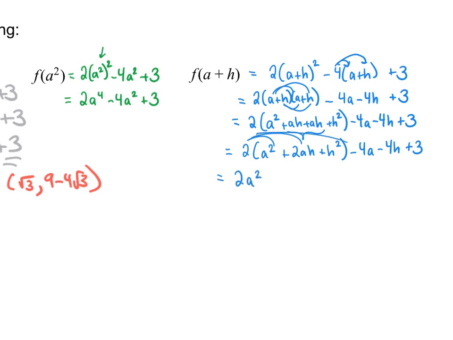So 2a squared plus 4ah plus 2h squared minus 4a minus 4h plus 3. And if I look here through every term, I don't honestly see anything that would combine. So this is my f of a plus h.